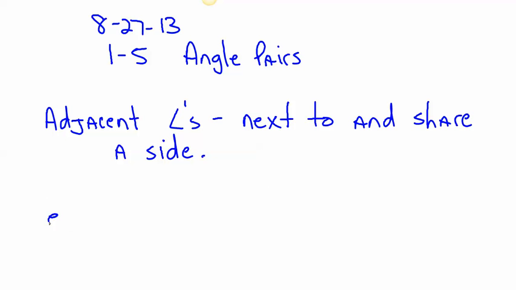So an example would be angles 1 and 2. Angles 1 and 2 are adjacent. What side do they share? They share side AB.